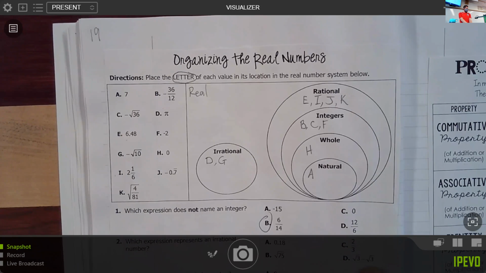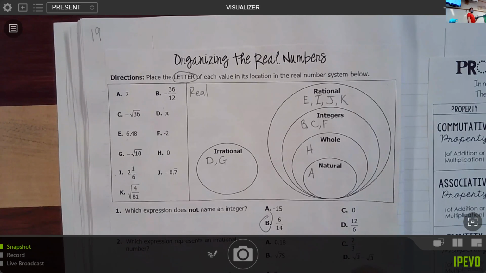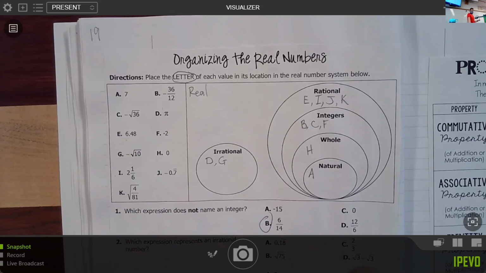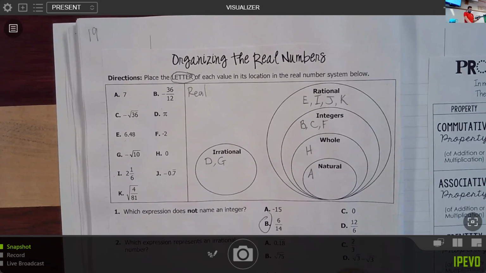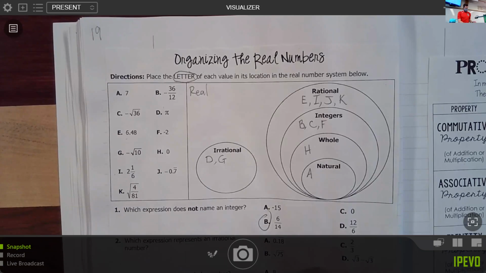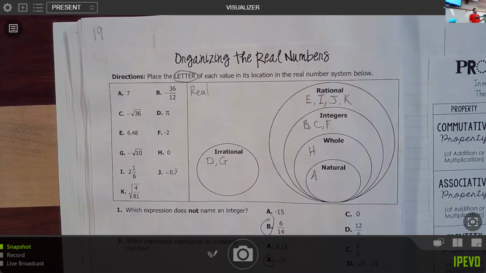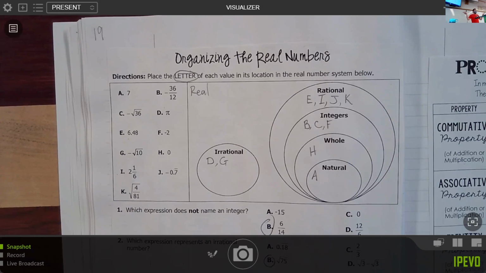D? Square root of 3 minus square root of 3. Anytime you take a number and you subtract it from itself, what do you get? 0. Any number minus itself is 0, which means that D is rational, so it's got to be B again. So B is irrational. Square root of 75. What number times itself equals 75? I don't know. It's in between 8 and 9, but I don't know what it is.